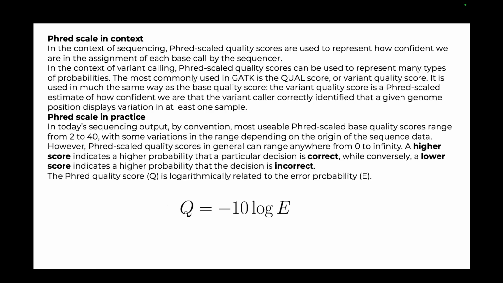Your quality score Q is given by Q equals minus 10 log of that error probability. Phred scaled base quality scores can range from 2 to 40, with some variations in the range depending on the origin of the sequence. A higher score indicates a high probability that a particular decision is correct. Conversely, a lower score indicates that the decision to assign that position to that particular base is probably incorrect.